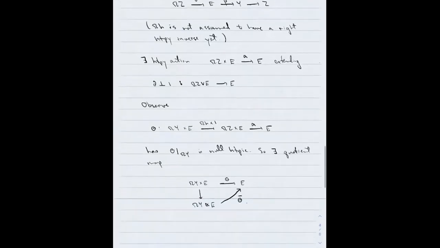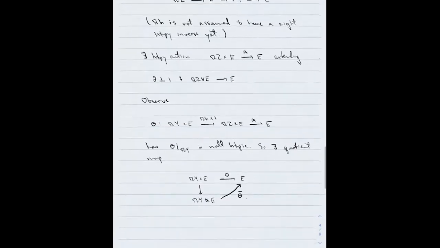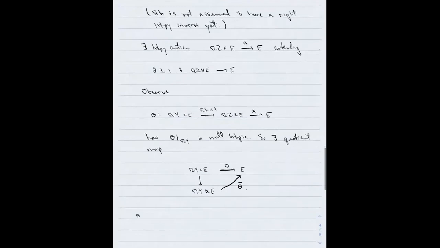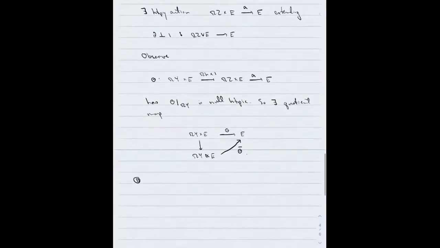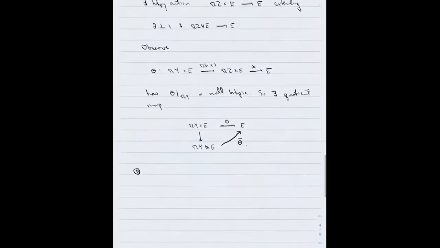All right, so this is one appearance of a map from the half smash of loop Y and E into E. And here is a different context in which we'll get a similar map from loop Y half smash E into E. So consider the homotopy fibration diagram.